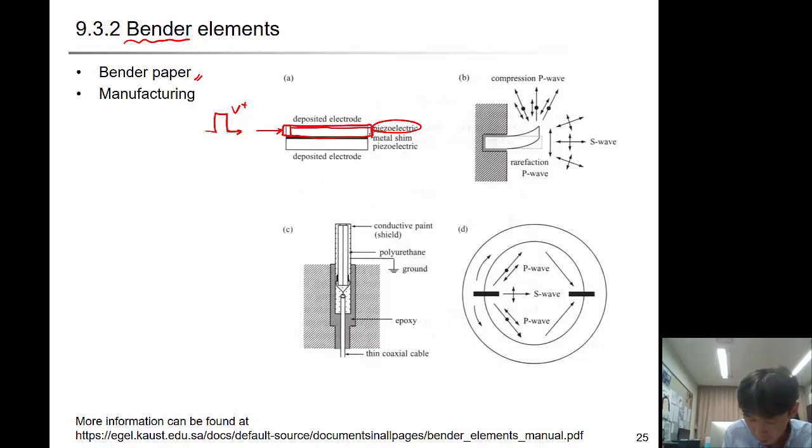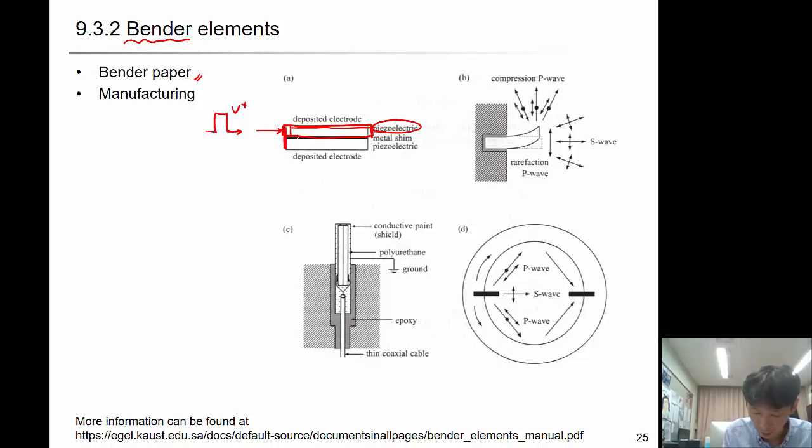then the length of this piezoelectric disc changes, so it can be elongated. Here too, you can either use both sides of the piezoelectric material, or you can just use one side.